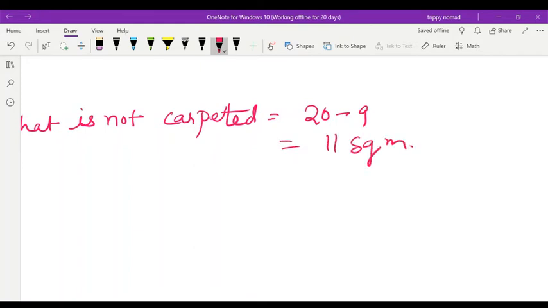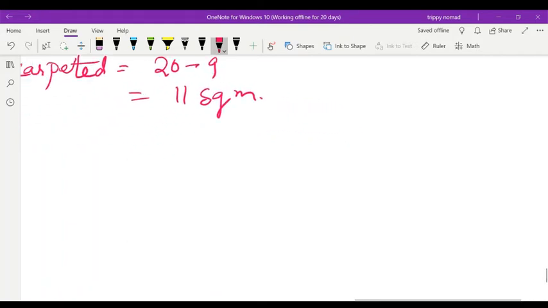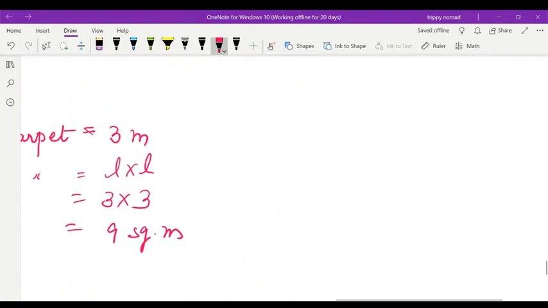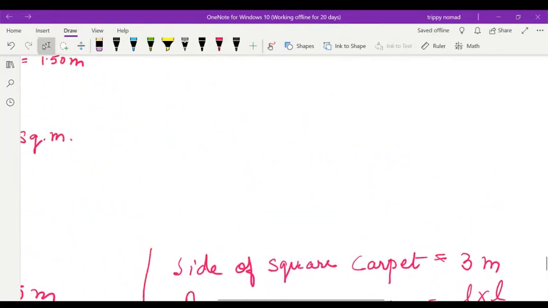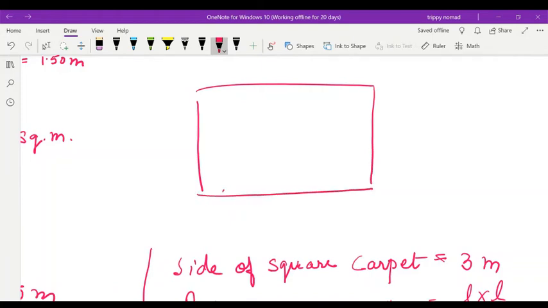Why children? Here, before this you see, this is carpet. Wait, this is floor size, and floor was 5 and 4, and square carpet of same was 3 and 3.